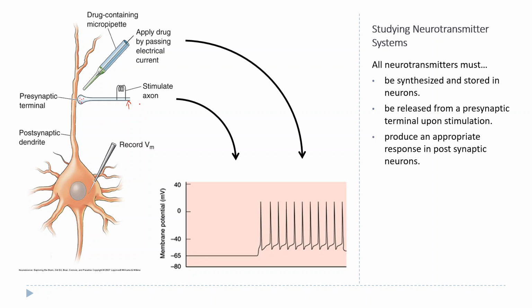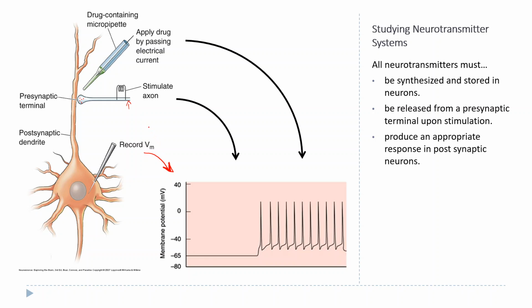Then when you electrically stimulate the presynaptic neuron, it has to give some sort of specific response. It doesn't matter what the response is, but let's say here we've stimulated this axon, and down here this is the response we get, a train of action potentials at this particular rate, which we record with an electrode in the postsynaptic cell.